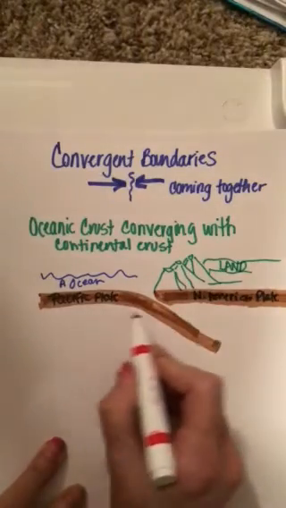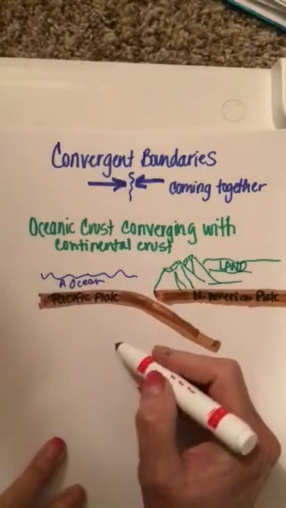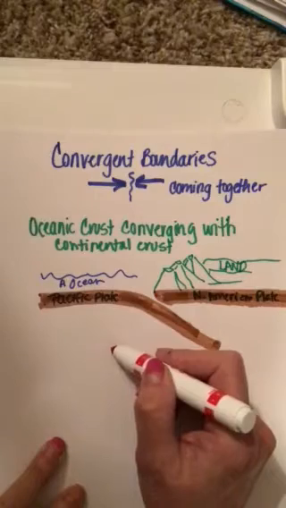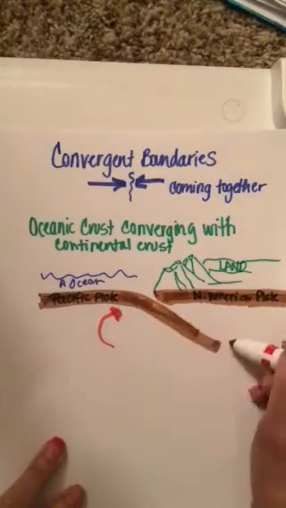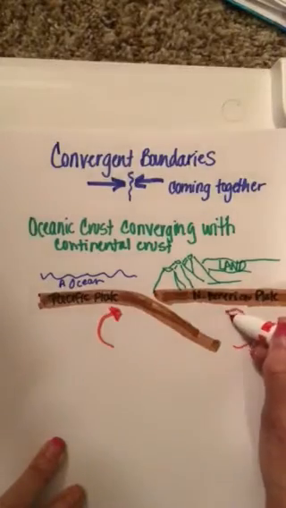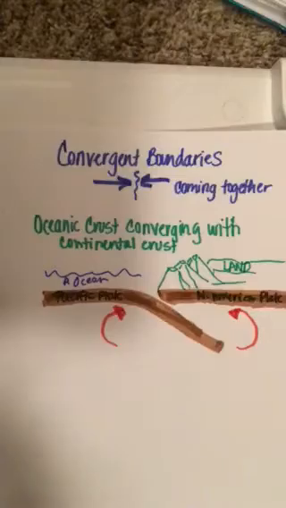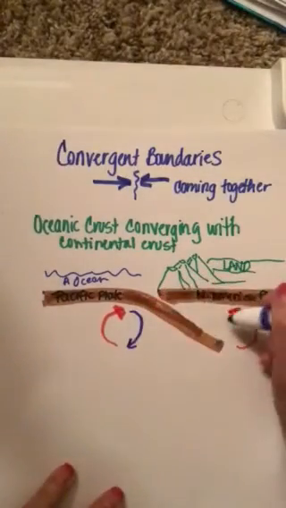Remember, what did we say was underneath the lithospheric plates? We have convection. So in this instance, our currents are going this way, where warm is rising, pushing these two plates together, and cold is sinking. Okay, so that's how the conveyor belt works, right?